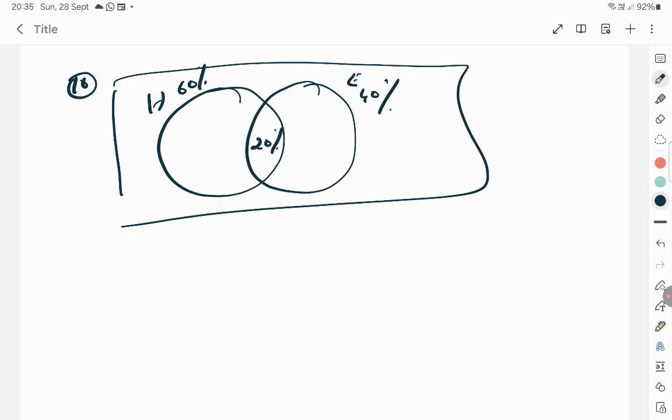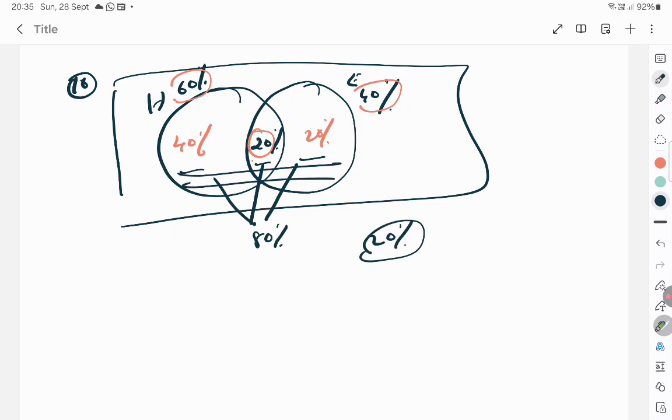In a hostel, 60% of students read Hindi, 40% English. Just say 60 minus 20 is 40%, and 40 minus 20 is 20%. So you add 40 plus 60 plus 20, which is 80%, which means 20% do not belong anywhere in this. Correct?